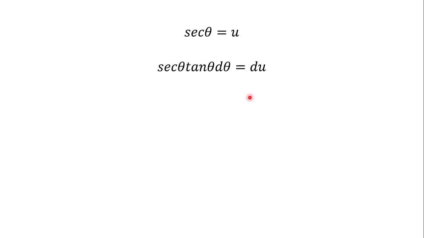Can we get any ratio that can replace the whole of square root of U squared minus 1 without substituting secant theta into the square root of U squared minus 1? Yes, it is possible.